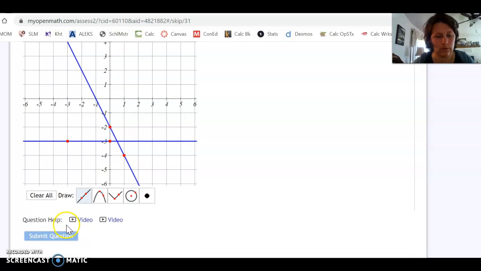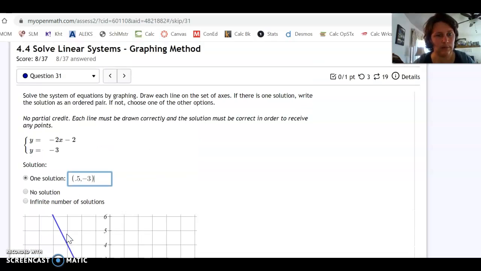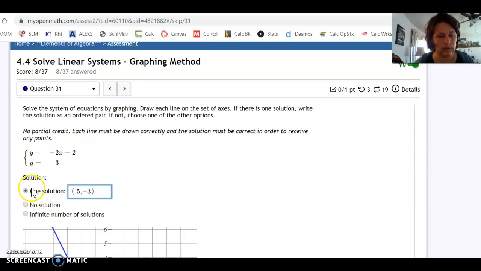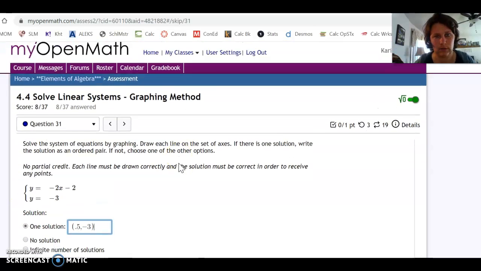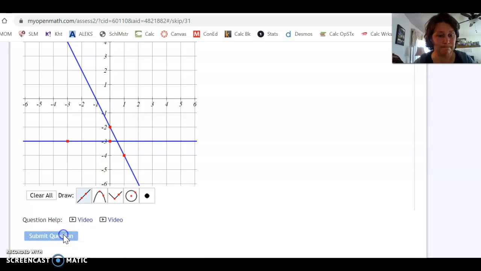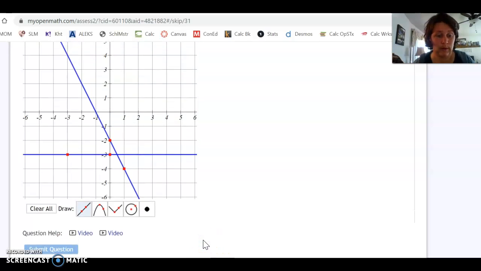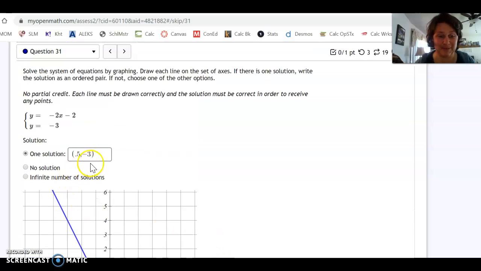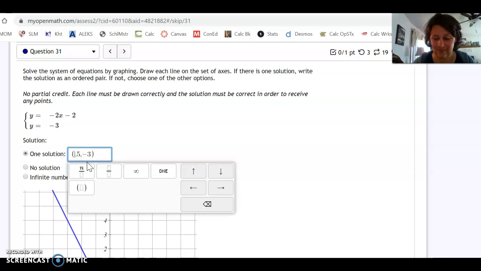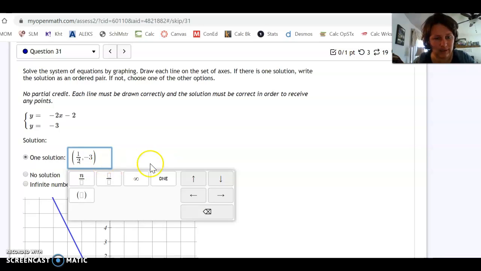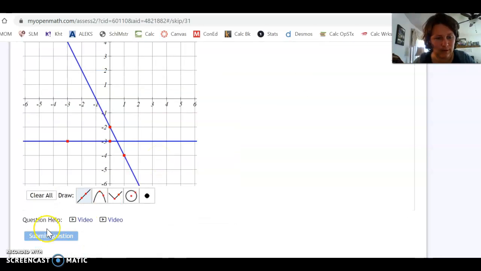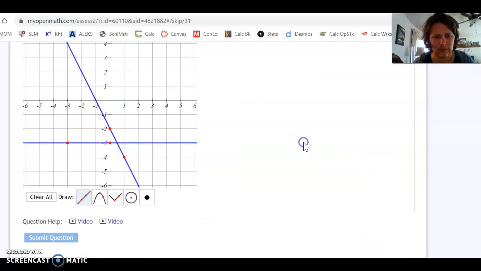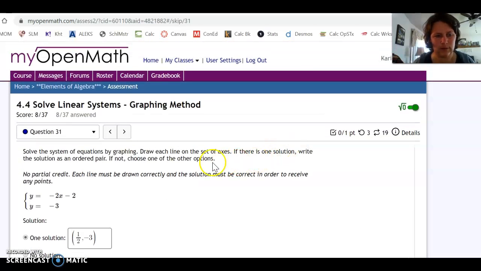How do we do? Why is it not liking me? One solution, no partial credit. Well, I don't know why it won't accept my answer. What did I do? Let's put in a fraction. Maybe it likes that better. It's still not letting me submit. Okay, there's something wrong with my thing. We'll just keep going on. Hopefully it works for you guys.